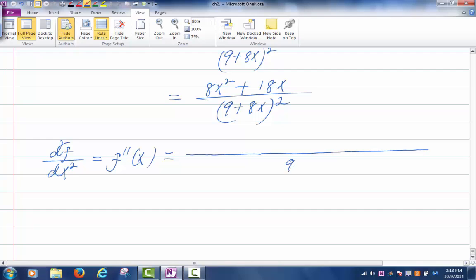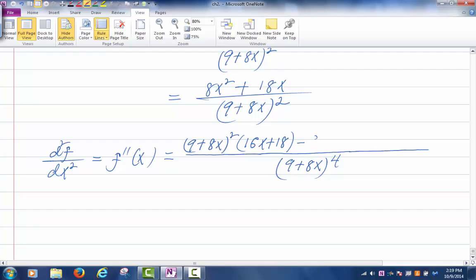So I have 9 plus 8x to the 4. Here I will write the denominator 9 plus 8x squared multiplied by what? The derivative of the numerator is what? 16x plus 18. Very good.